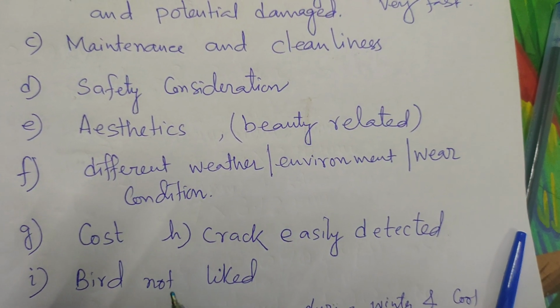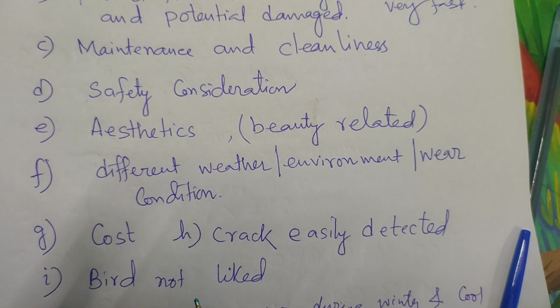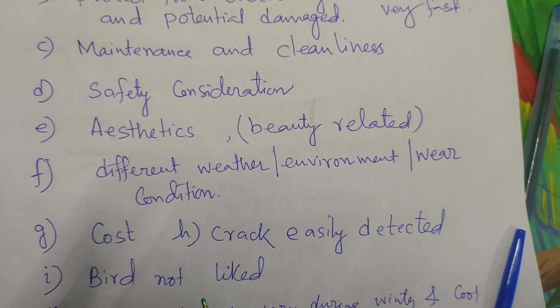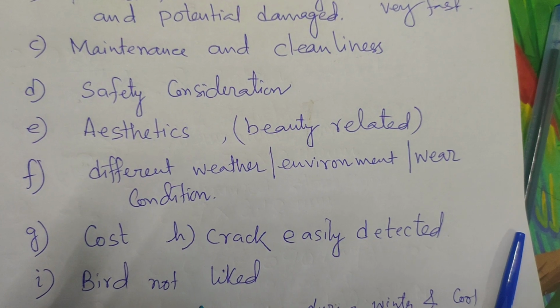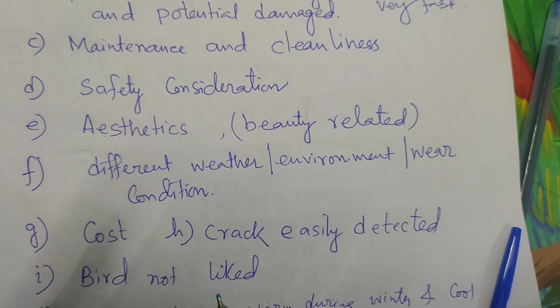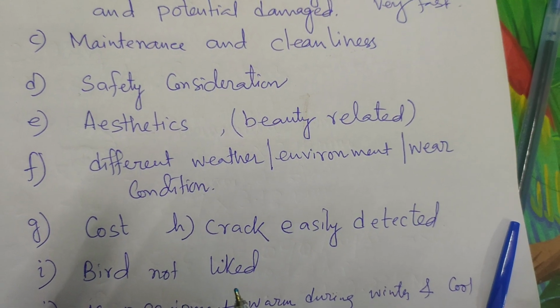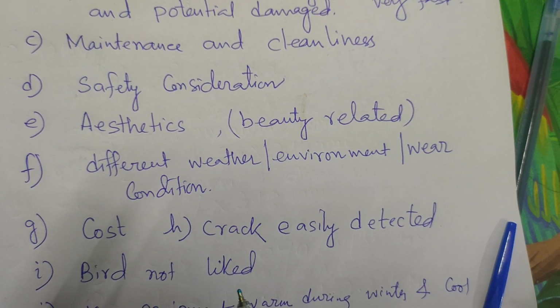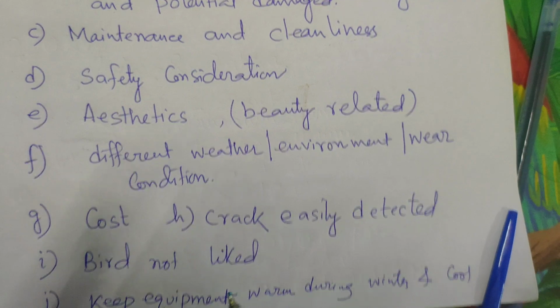If we choose gray, because birds do not like the gray color, they will not go there and make their nest near gray painted surfaces. So it is very effective from the protection point of view.